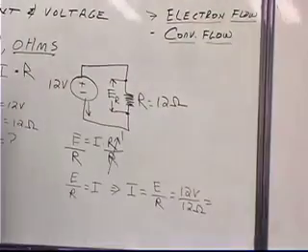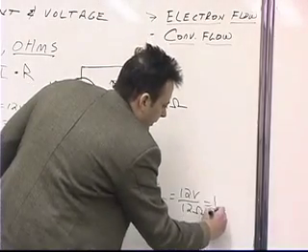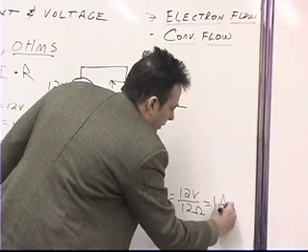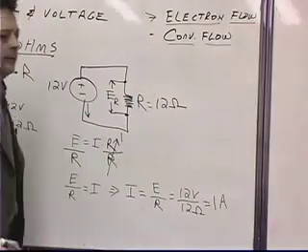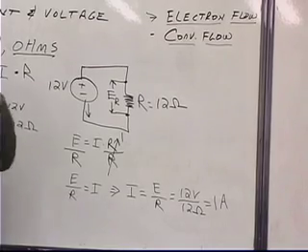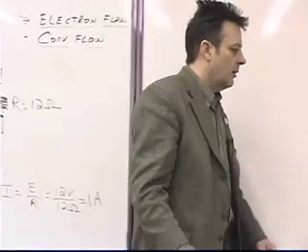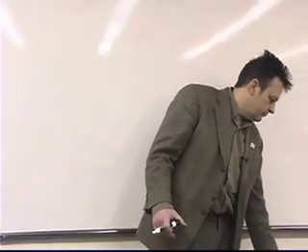And what do we get? 1. We get 1. And current is measured in what unit? In amps, in amperes. And a little bit further into our discussion, we'll talk about what amperes are.